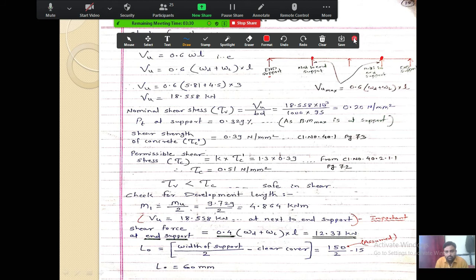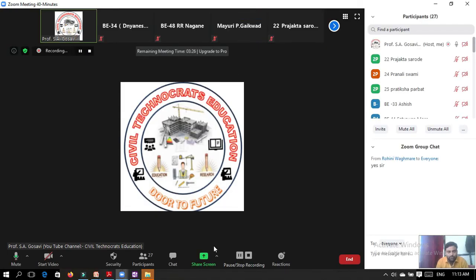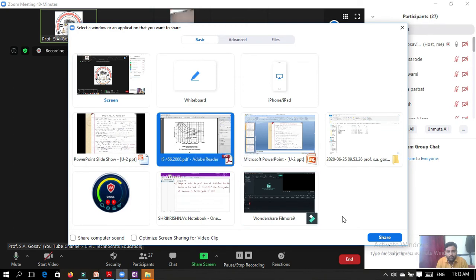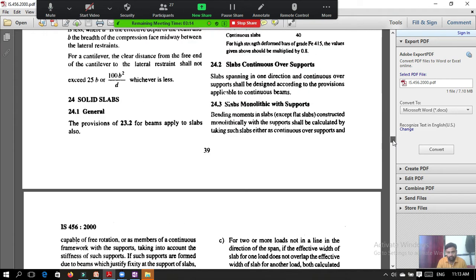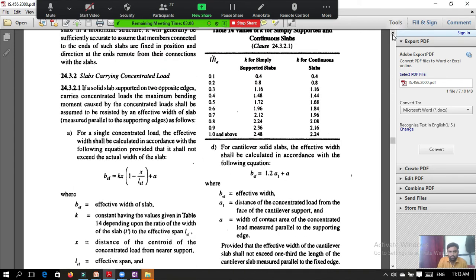Now we have to go for table number 13 in the IS code. So again if you come to the IS code table number 13, this is table number what? 14.